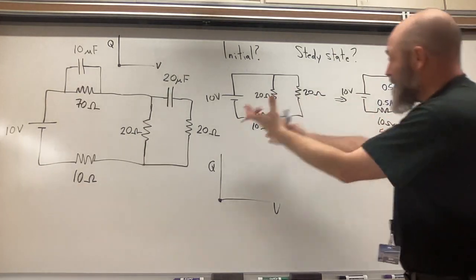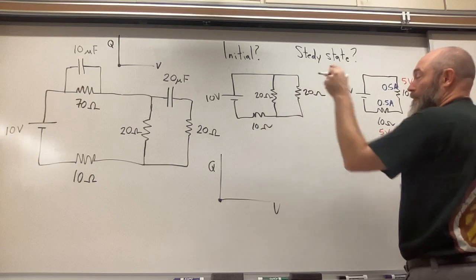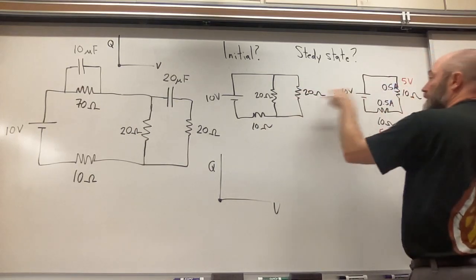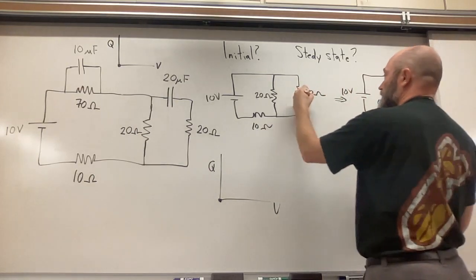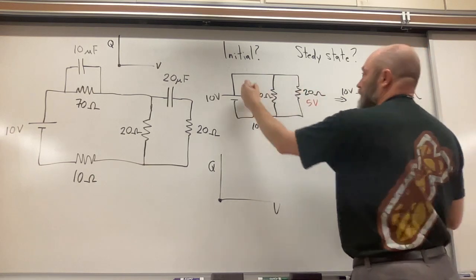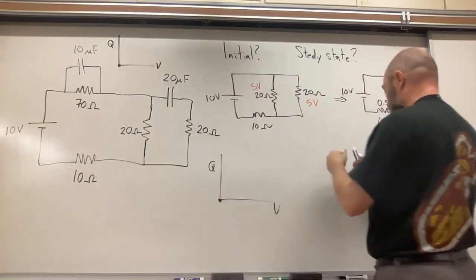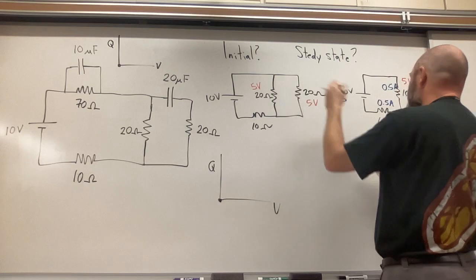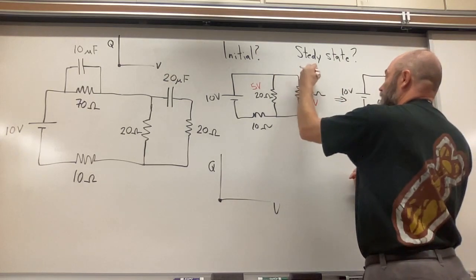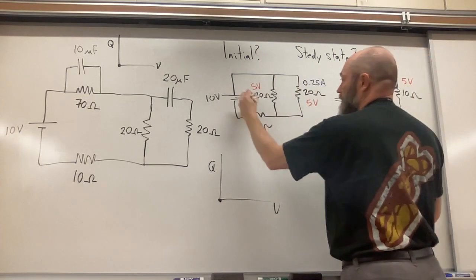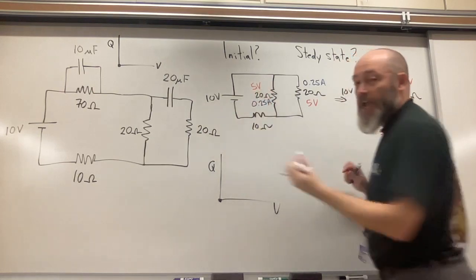Then if you work your way backwards, what did I simplify? I simplified a parallel circuit. What is the same in a parallel circuit? Voltage, so this is going to be 5 volts, which means if I go this divided by this, I'm going to get 0.25 amps, 0.25 amps.